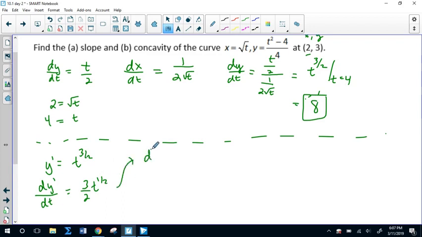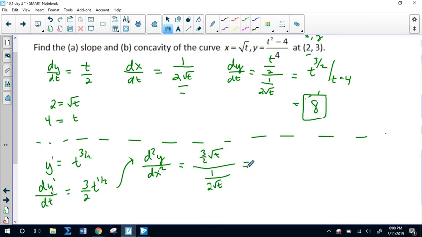And then remember, to find d squared y over dx squared, it is equal to the dy prime part, so 3 halves, which I'm going to write as the square root of t, over the dx part, so that is 1 over 2 root t.